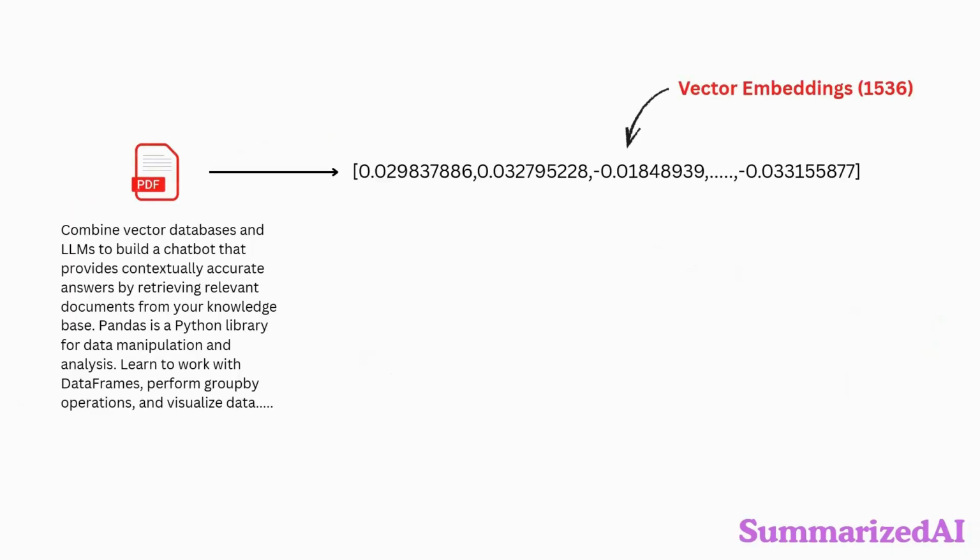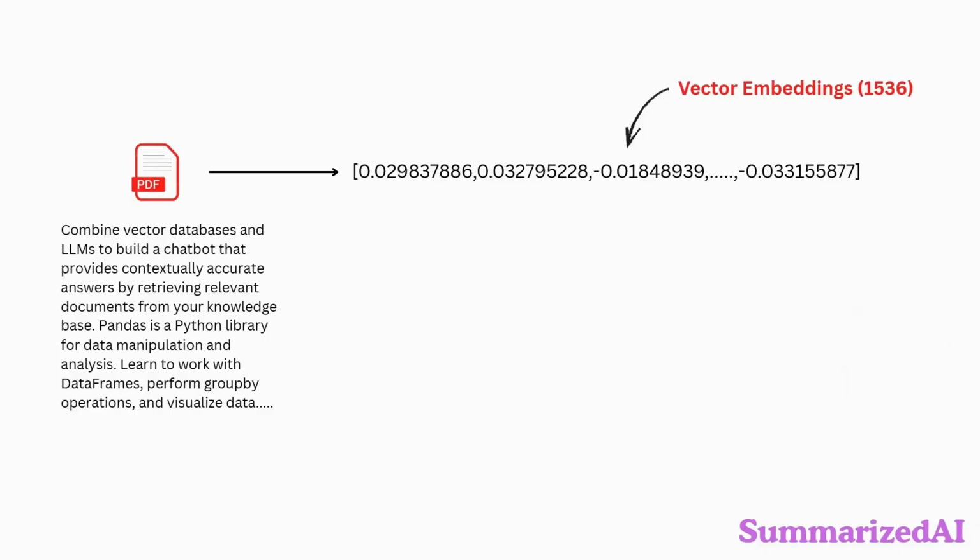Think of a vector embedding as a list of numbers that represents your text. Every AI model produces a very big list of numbers. Here we are using OpenAI's text embedding 3 small embedding model, which by default creates a list with 1536 numbers.